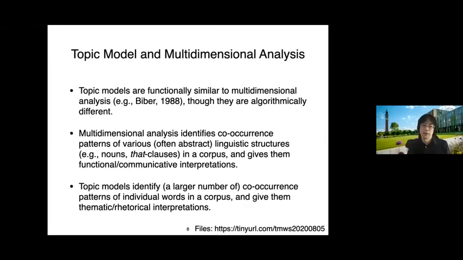They look at content words which are informative as to the thematic content of the corpus, whereas multidimensional analysis looks at more like grammatical structures which are more informative as to the functional and communicative intents. So that's sort of the difference, but those two techniques are quite similar, functionally speaking at least.